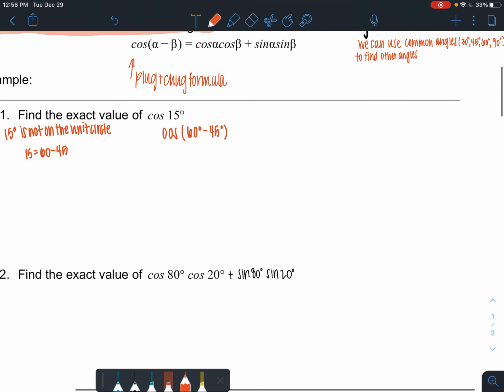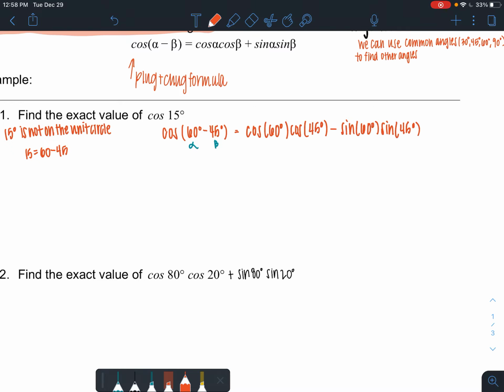Using our formula, I'm going to call this alpha and this beta. So I have cosine of alpha, 60, cosine of beta, 45, minus sine of alpha, 60, times sine of beta, 45.